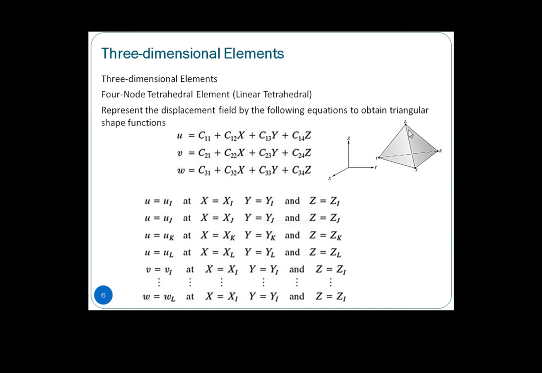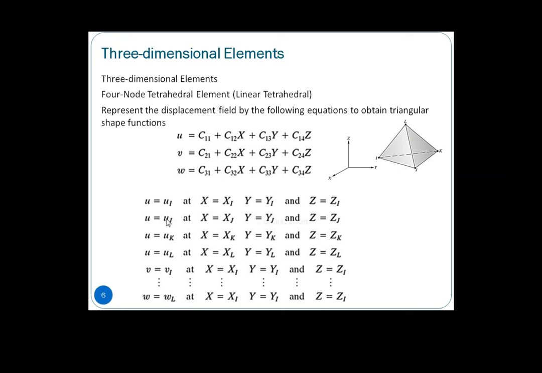So for 4 nodes representing the displacement in the x, y, z-axis, you have 4 shape functions to determine. So here we have a total of 4 times 3, 12 unknown coefficients to determine, C11 until C34.